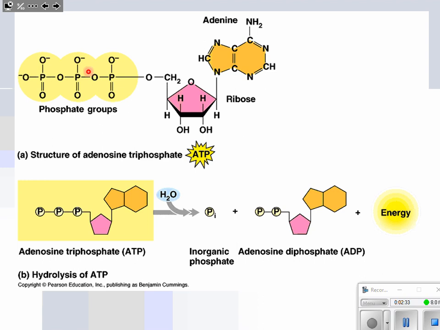So it takes quite a bit of energy to force those 3 phosphates to stay that close together. Because they have the same charge, they're all negative, they don't like to be near each other. And so the covalent bonds that I'm pointing to right here, in between the phosphates, they actually have quite a bit of energy stored within them.